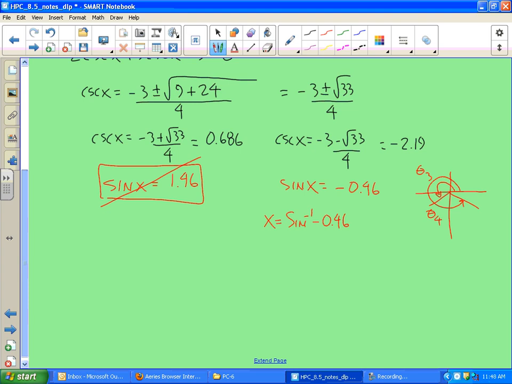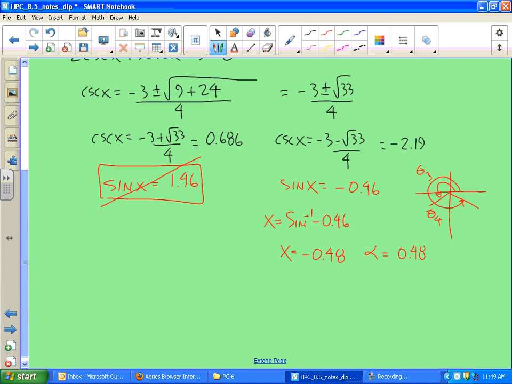We would do inverse sine of negative 0.46 and get a negative 0.48. Well, when we're thinking about reference angles, we're thinking about absolute values. So our reference angle is 0.48.